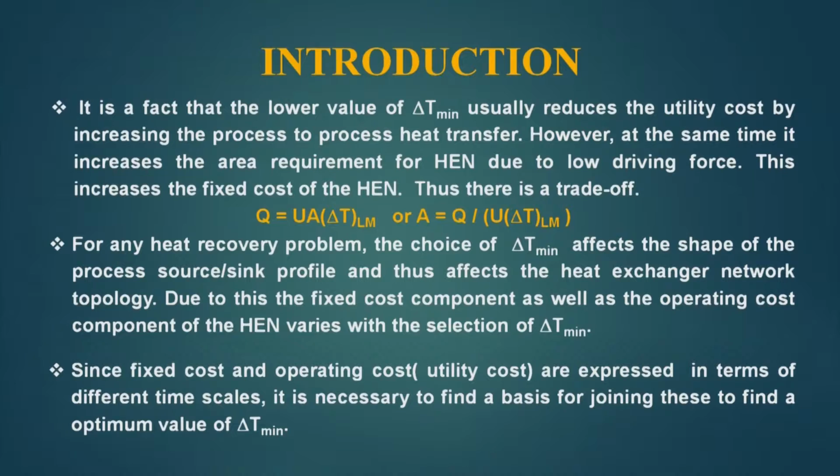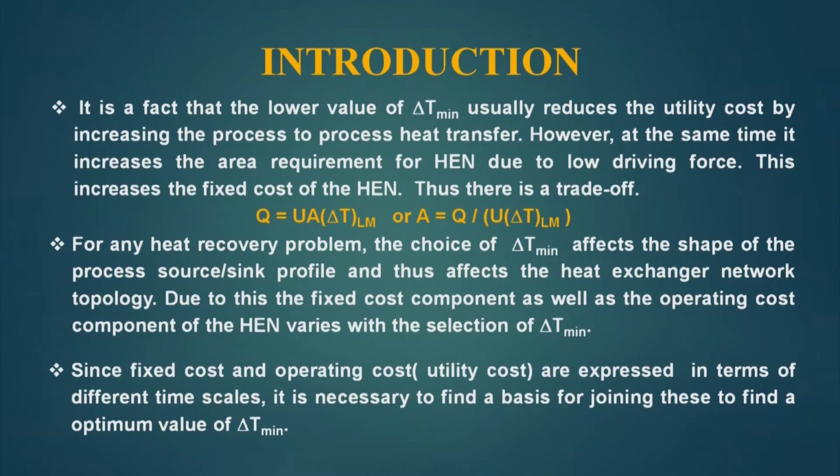Fixed cost and operating cost, which in this case is utility cost because we are not taking pumping cost into this, are expressed in terms of different time scales. It is necessary to find a basis for joining these two to find the optimum value of delta T minimum.